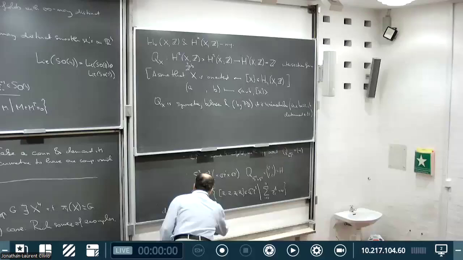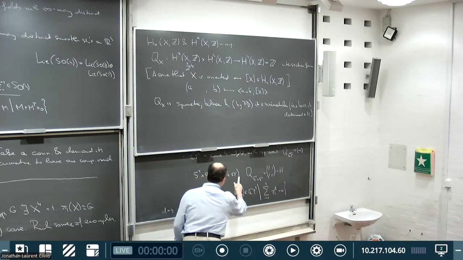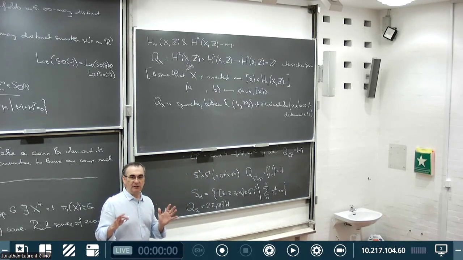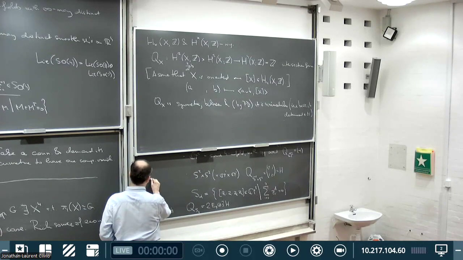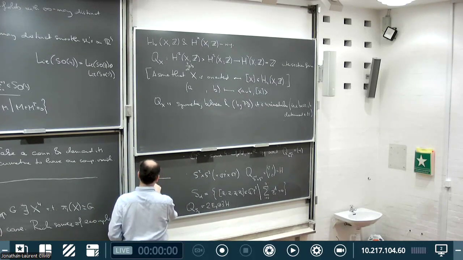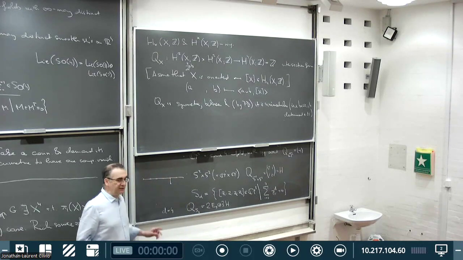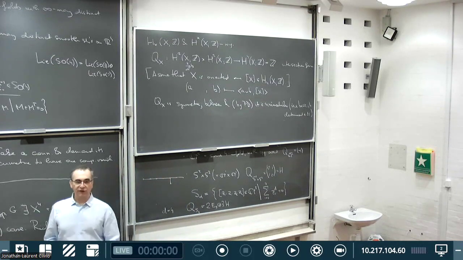This is just twice the E8 lattice plus 3 times the hyperbolic, and the E8 lattice, I hope we all know what it is, but this is the usual diagram. So this is the Dynkin graph. All vertices are framed -2.